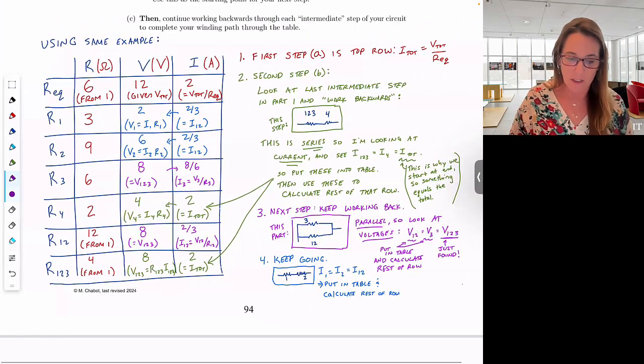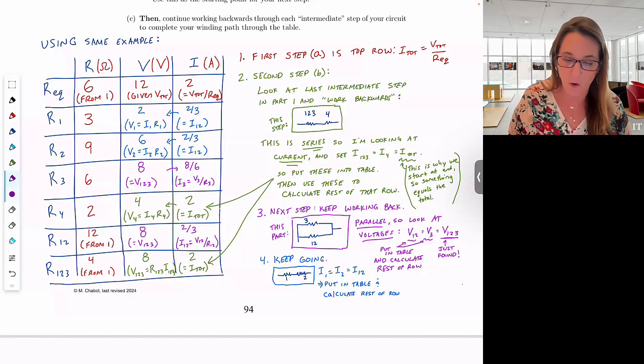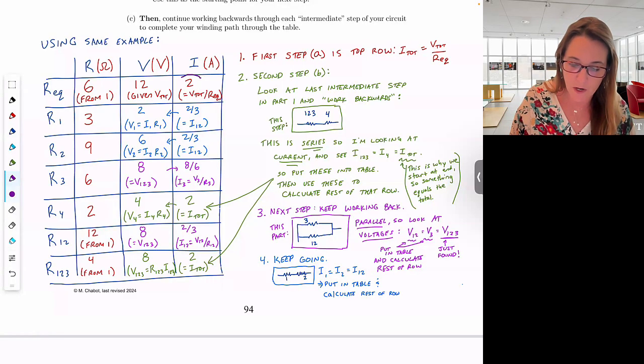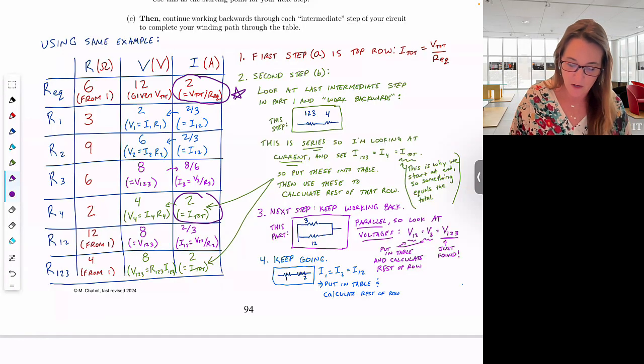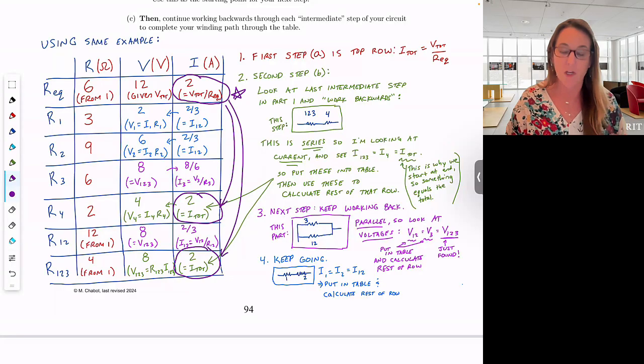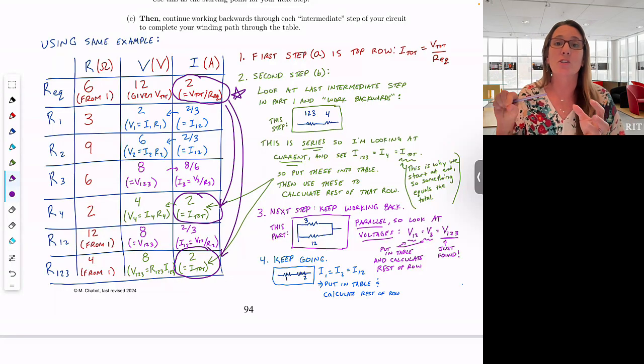So in this worked portion of the example, it's our I total that then gets mapped onto R4 and R1, 2, 3. And that starts this windy logic puzzle through the table.